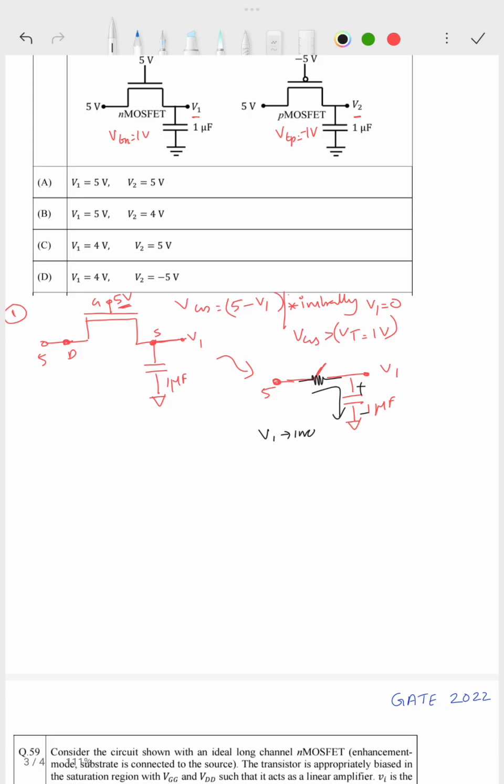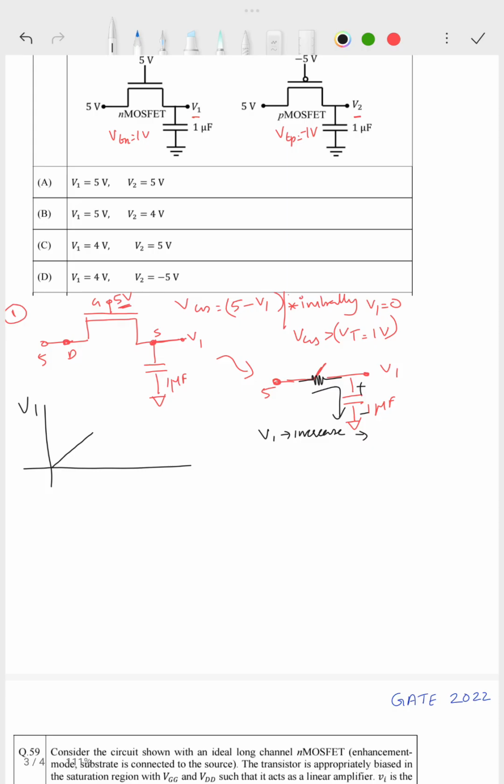V1 will increase from 0 to 1, then to 2 volt, etc. So this is V1, and it will slowly increase like this.